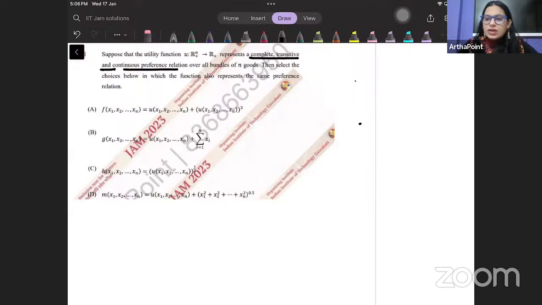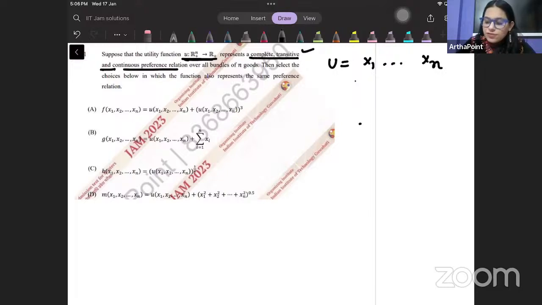So we know that a Cobb-Douglas utility function follows completeness, transitivity, continuity. It is well defined. So if I am not able to get what this general utility function is, in that case, you can take your Cobb-Douglas utility function safely. Why? Because we know that it follows all these properties, and this is what is given to us in the question.